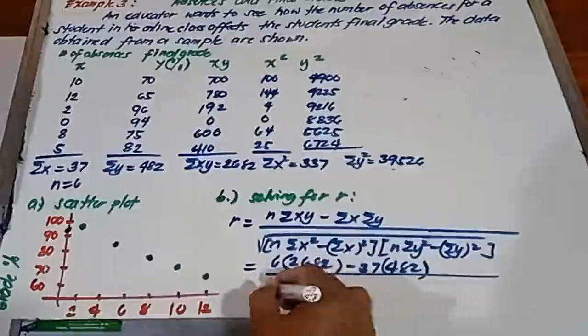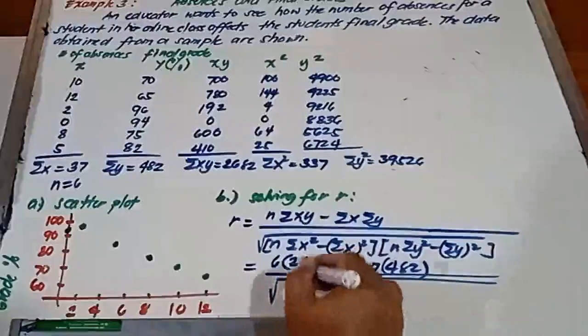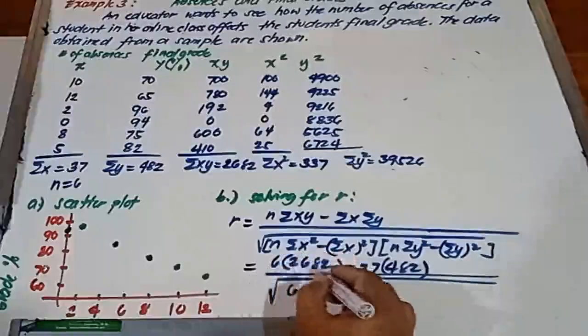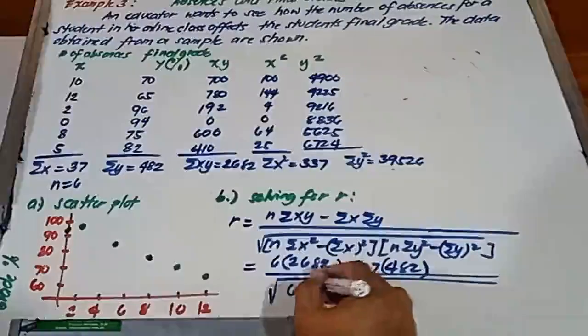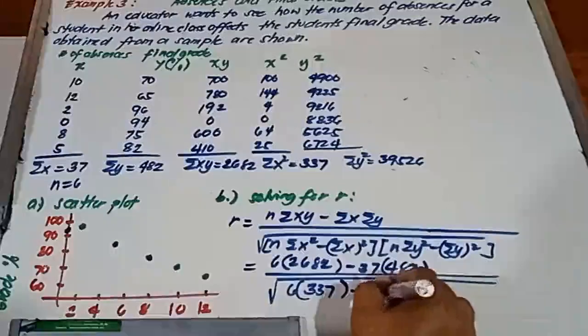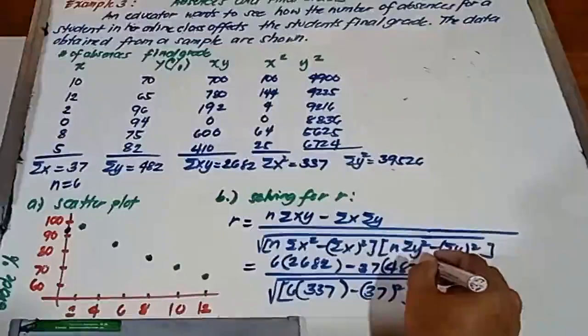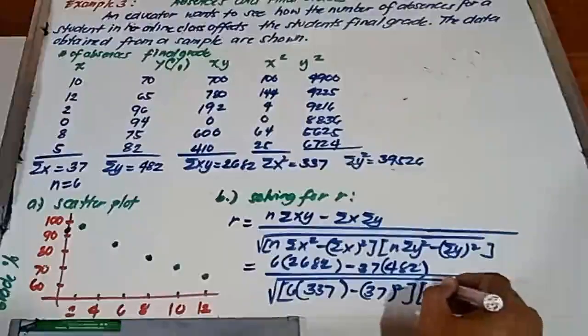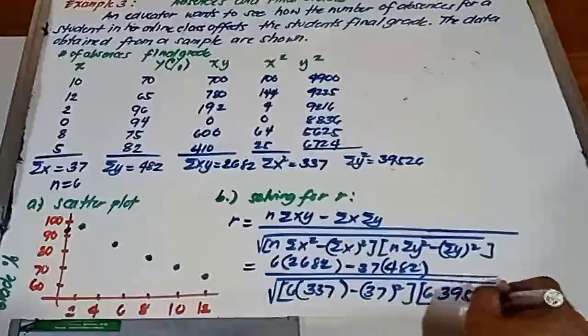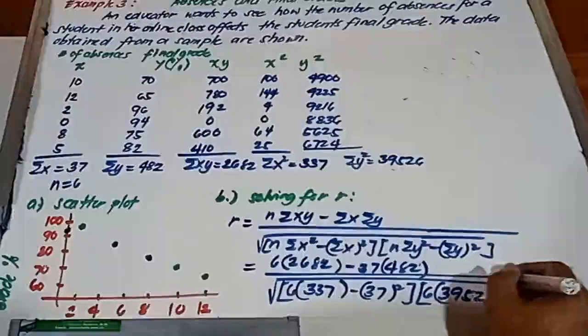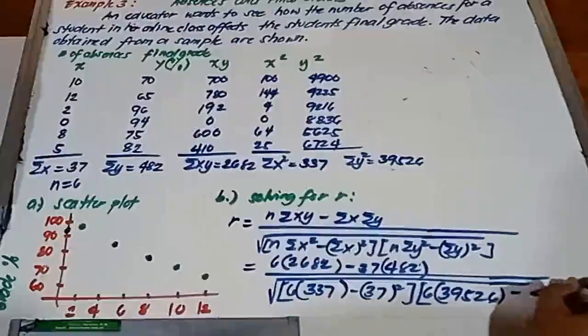All over square root of n is 6 times summation of x squared 337 minus summation of x squared, and then 6 again, summation of y squared is 39526 minus summation of y is 482. Square natin ito.